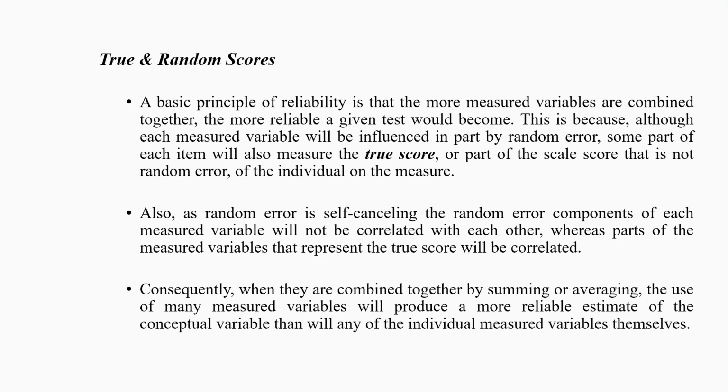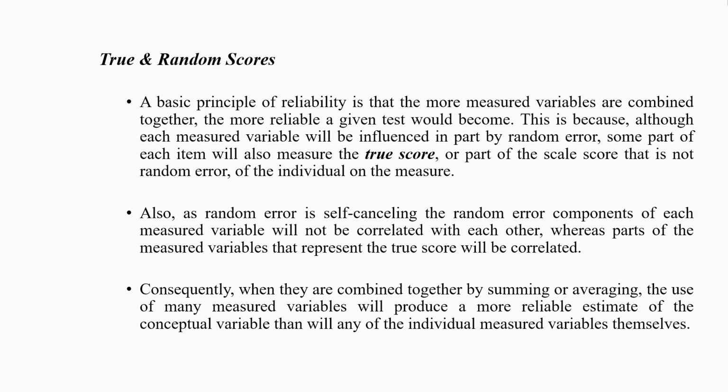So, when you carry out correlations over a large number of measurements, the only thing that will figure in the correlation is the true score. Consequently, when several measures are combined by taking an average or a sum, the use of many measured variables will produce a more reliable estimate of the conceptual variable than will any of the individual measured variables themselves.